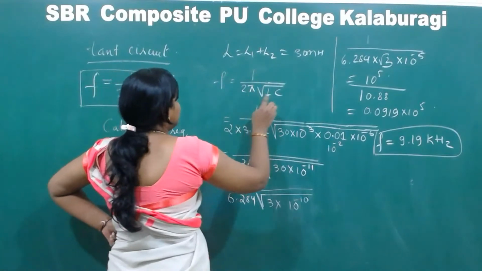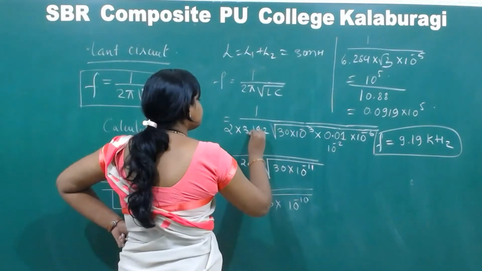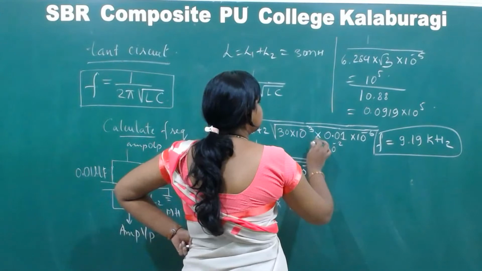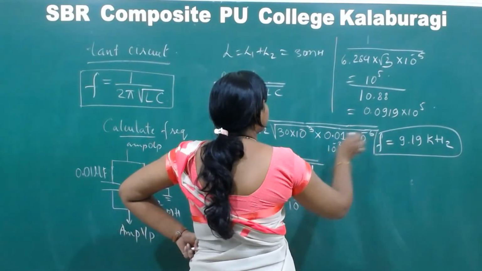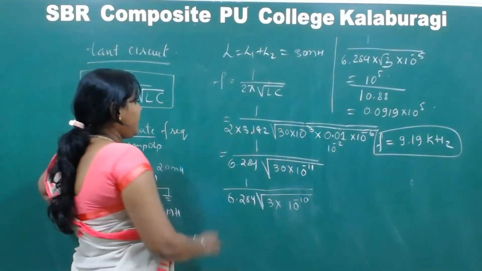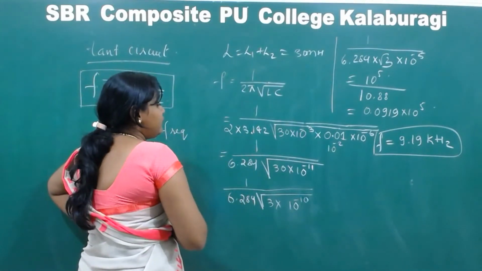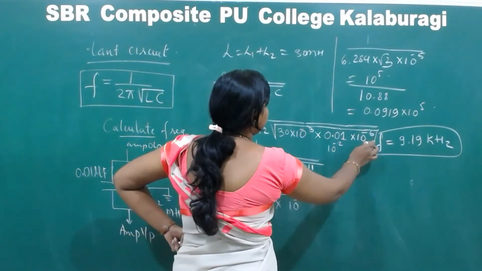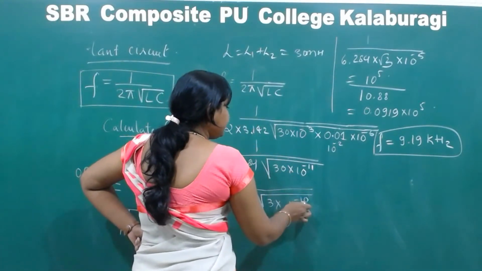So 1 divided by 2 pi under root LC. 2 into 3.142 under root 30 into 10 to the power of minus 3 into 0.01. That can be written as 10 to the power of 2 into 10 to the power of minus 6. Now the value is computed as 6.284 under 30 into 10 to the power of minus 11, that is 3 plus 2 is 5, plus 6 is 11. 30 into 10, if we perform this, we are going to get minus 10.